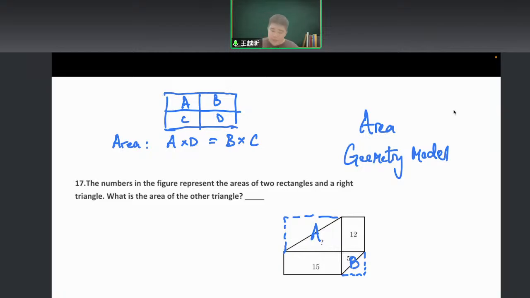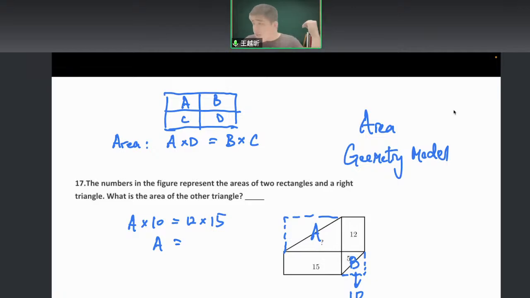In this question, we know part B has an area of 10. So that means part A times 10 equals 12 times 15. What is the area of part A? The area of part A equals 18.